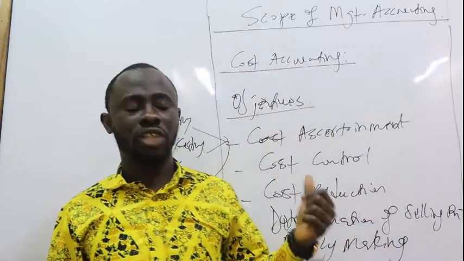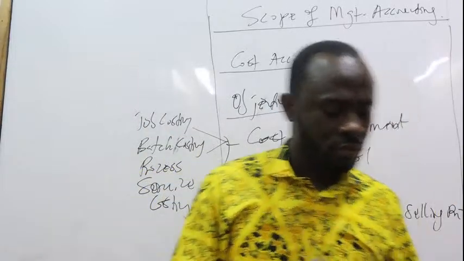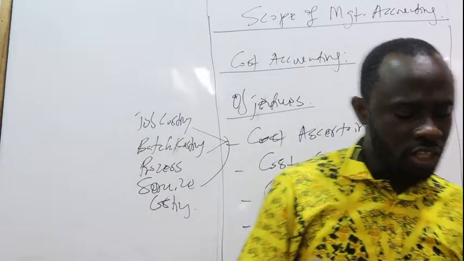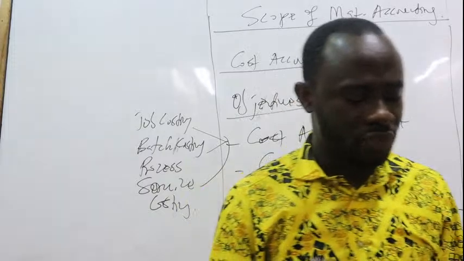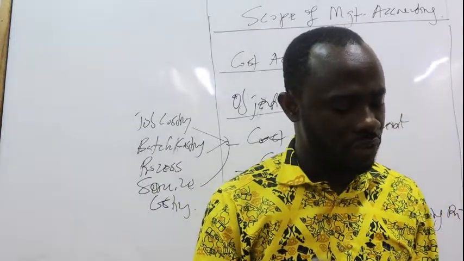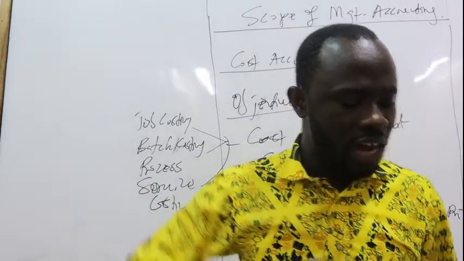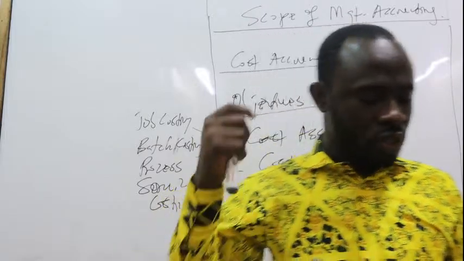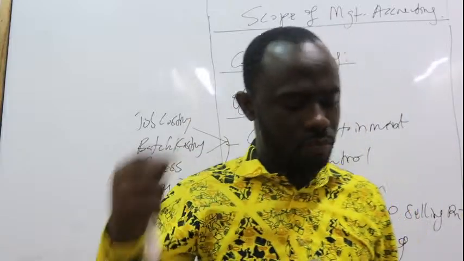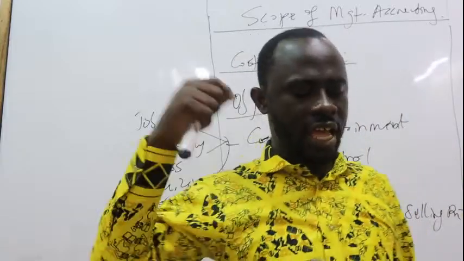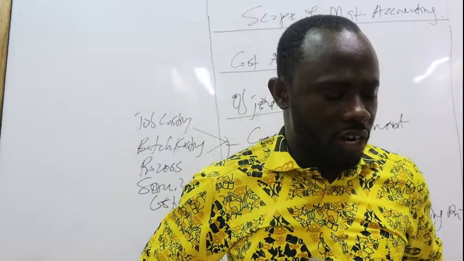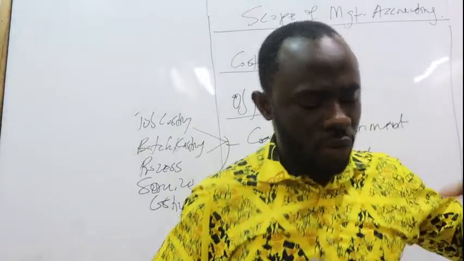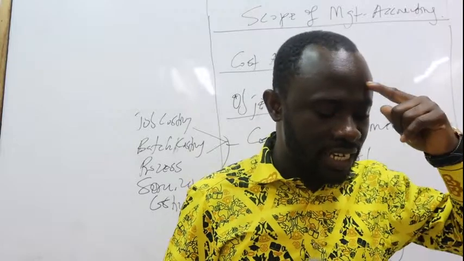Cost reduction is a process of, so let's take the standard one-liner definition. This refers to the real and permanent reduction in the unit cost of goods or service rendered without affecting the intended use. So let's take that again. Cost reduction refers to the real and permanent reduction in the unit cost of goods manufactured or services rendered without affecting the intended use.